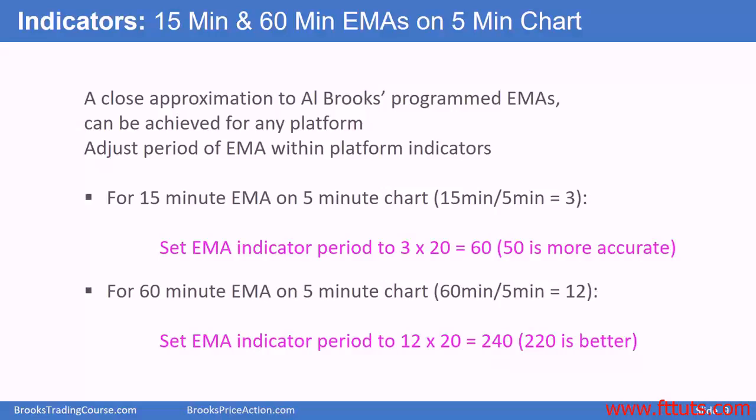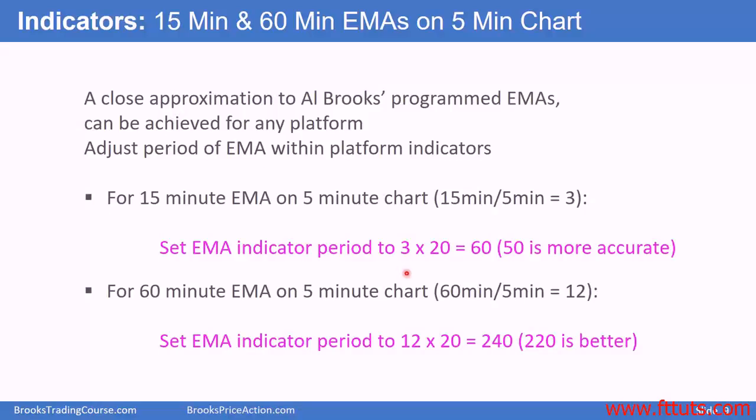Without going into the math, that number is always too high because on the 5-minute chart, you have a lot of overlapping bars, and the 60-minute chart only looks at every 12th bar on the 5-minute chart. So the number is never 240. You're actually better off using a smaller number like 220. That is a more accurate number if you're trying to get an approximation of the 60-minute moving average on the 5-minute chart.